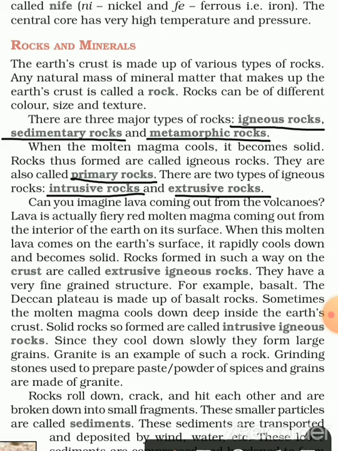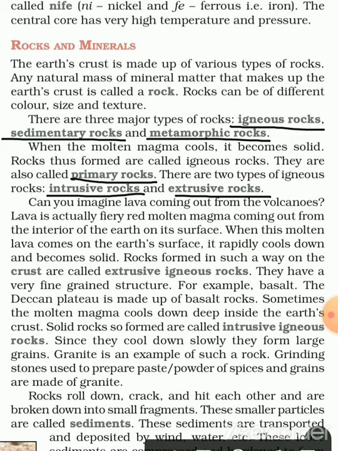Okay, now what is the extrusive rock, we will see first. Lava is actually fiery red molten magma coming out from the interior of the earth onto its surface. Now we all know that lava erupts from inside the earth onto the surface of the earth.